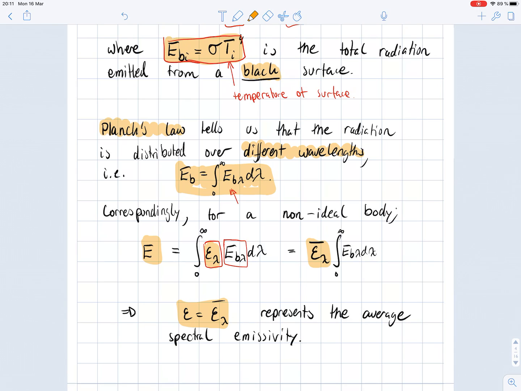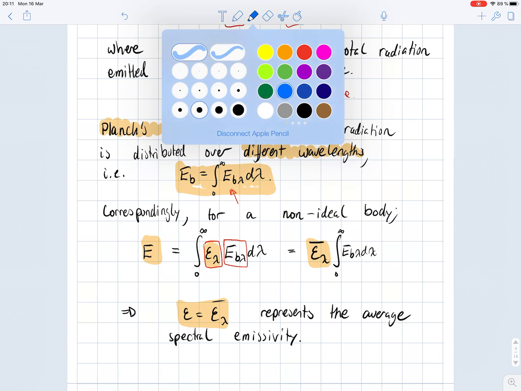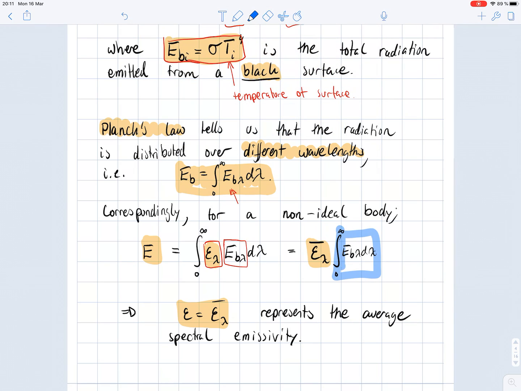What we have in the final part of the integral is the same as we have in Planck's law itself. So that's just the integral over the spectral density over all wavelengths, and we weight it again with this average spectral emissivity to get the radiation from a non-ideal body.